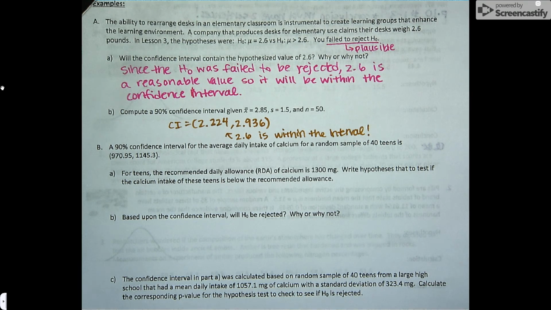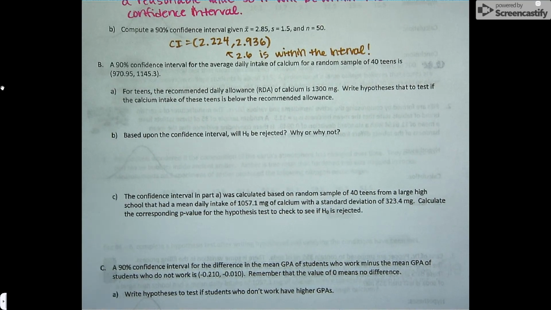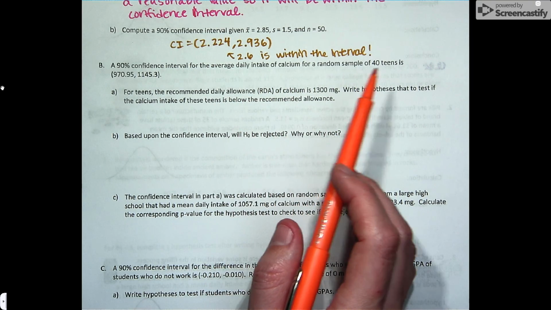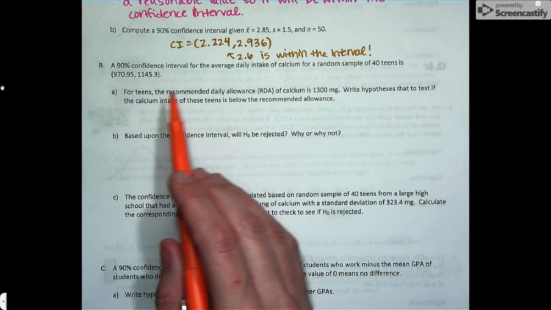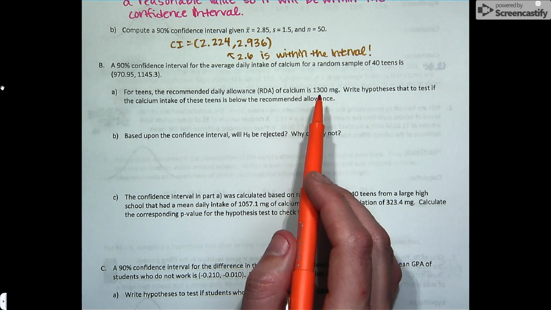Okay, so let's do another example, Example B. We have a 90% confidence interval for the average daily intake of calcium for a random sample of 40 teens. For teens, the recommended daily allowance, which is RDA, of calcium is 1,300 milligrams.